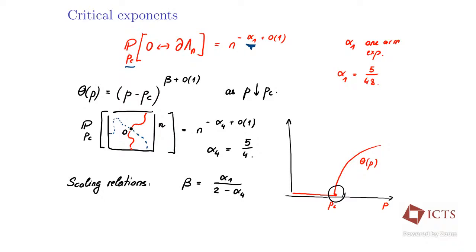Okay, to be checked, but it's something like this. There's a relationship like this between alpha 1, alpha 4, and all other exponents. I apologize, I haven't prepared, so I might be making a mistake here, but I think it's this, the scaling relation. Okay, the surprising thing is that this is a theorem.